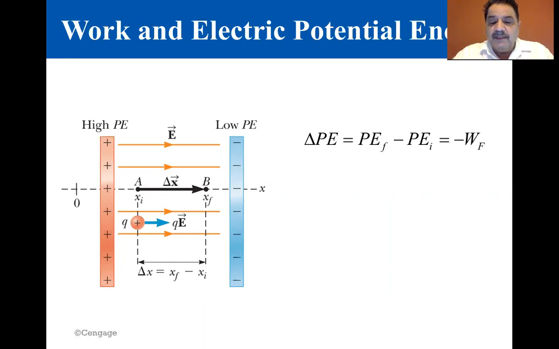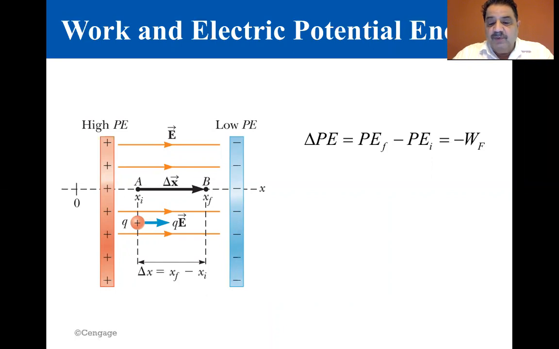To see how this works, imagine a small positive charge placed at point A in a uniform electric field E, as in the figure. Let's assume for now that the electric field is constant and that the charge moves parallel to the field.